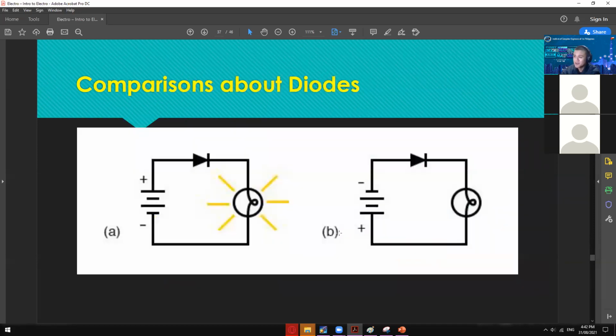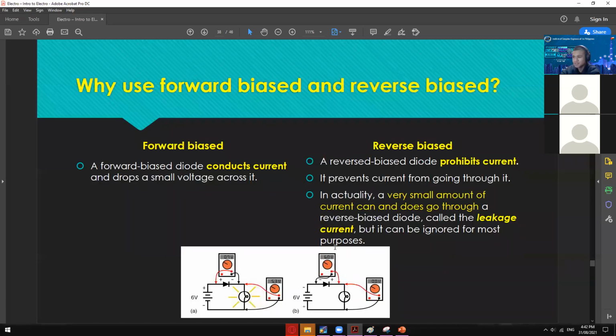But since computation to, hindi natin makakompute yung leakage current na yan. Okay, so we could see that when I say reverse bias, zero yung current. Okay, ganun na lang. So parehas ng no bias. Okay? So forward bias conducts current, reverse bias prohibits current. Okay. So napaka straight forward.